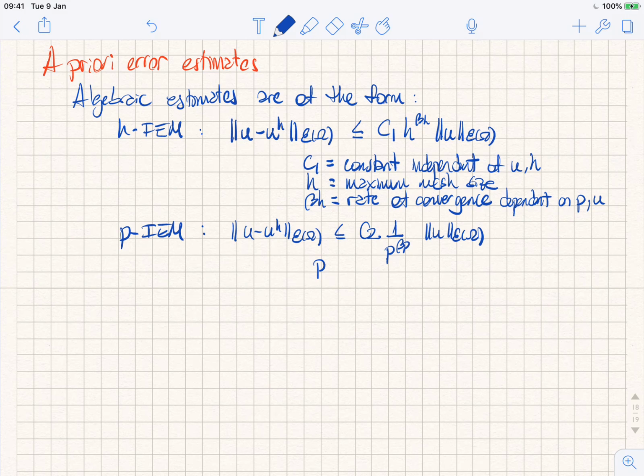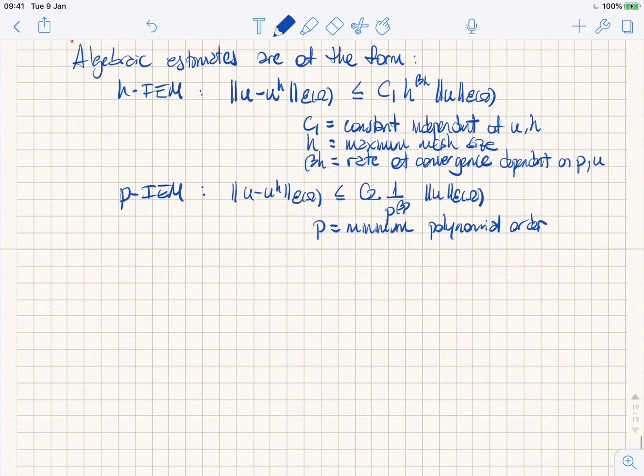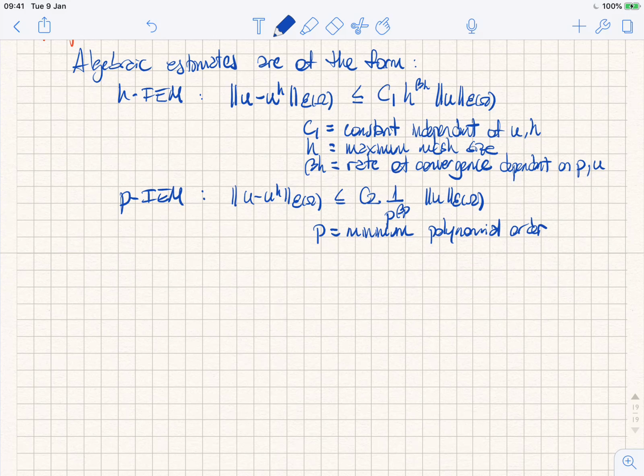Then beta p is your rate of convergence for p-FEM. And this p is what? Order, but minimum or maximum? Maximum. Minimum. Very good. So those are the algebraic rates.